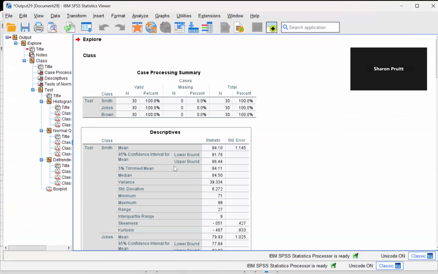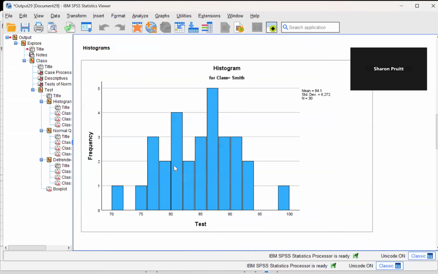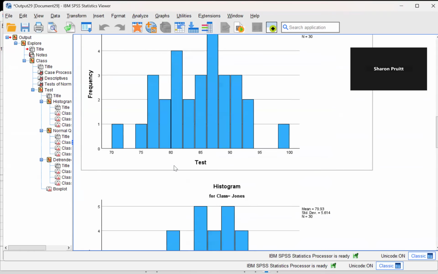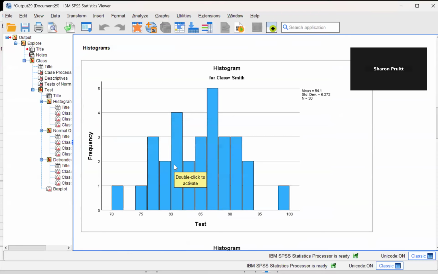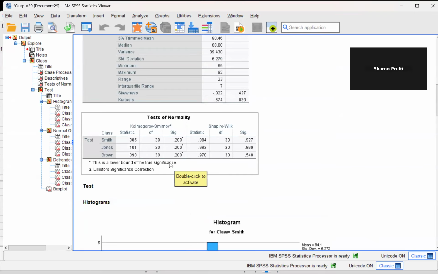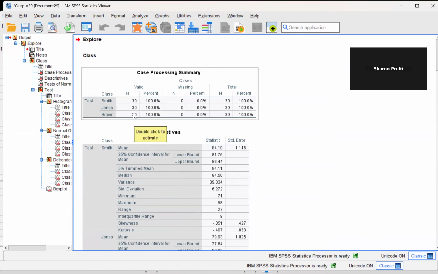The distributions appeared approximately normal with no extreme skewness or kurtosis. Additionally, each group contained 30 students. N was equal to 30 for each class.